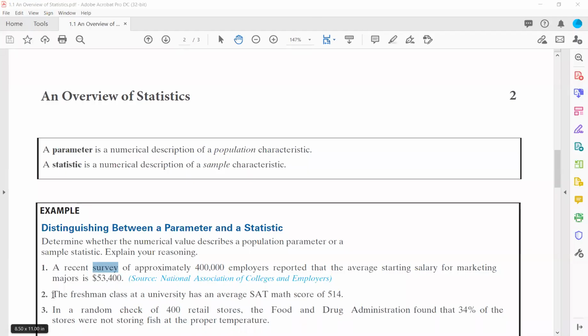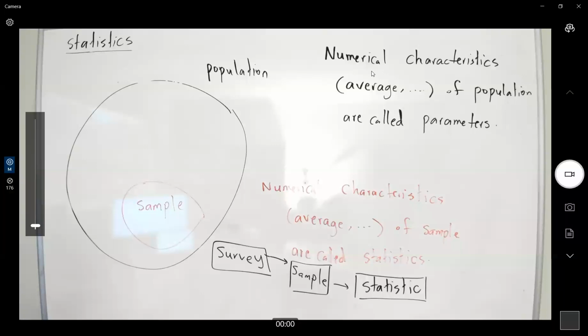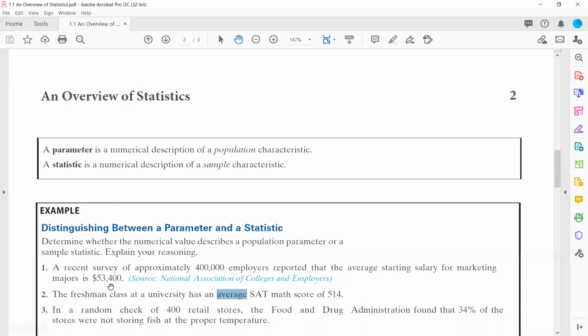Question 2. The freshman class at a university has an average SAT math score of 514. Is this average a numerical characteristic for a population, a parameter, or a numerical characteristic for a sample, a statistic? Which one is that? So let's read the question one more time.